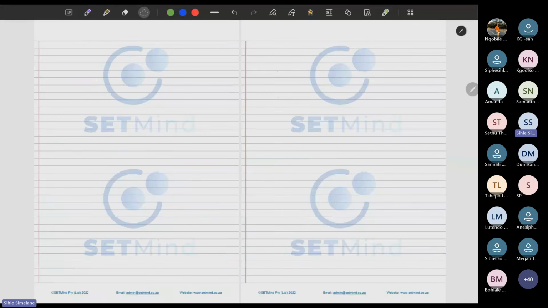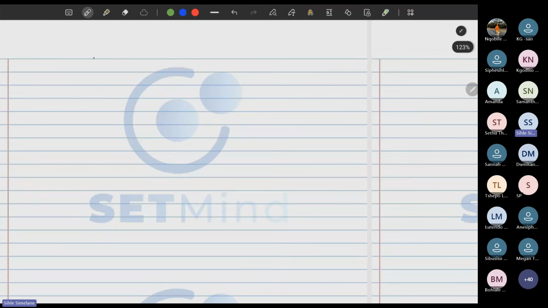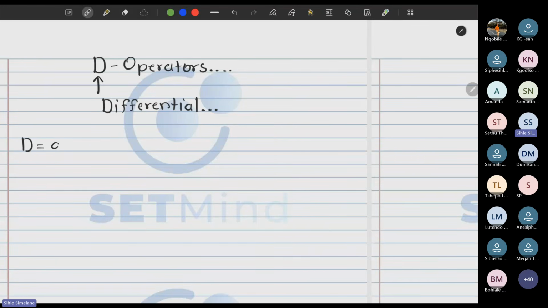I want to introduce you briefly to something called D operators. Then we'll come back to linear operators and combine with this. Some of you have watched videos already. The D operator, the D is for differential. So in other words, for Maths 2, the D is just a fancy way of writing d/dx, or d/dt.